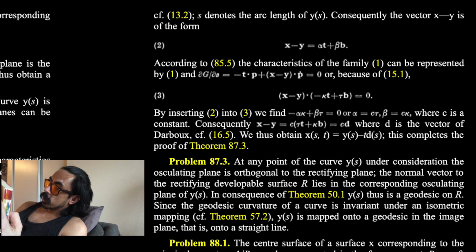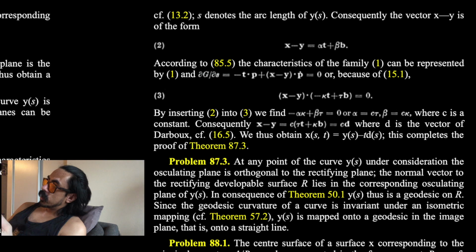And partial G partial s is equal to the negative of the scalar product of vector t with the vector p plus then x minus y scalar product with a vector p dot, in all being equal to 0, or because of the formulae of Frenet, take the result of taking vector x minus vector y and then scalar product that with negative kappa times vector t plus tau times vector b. This is all equal to 0.